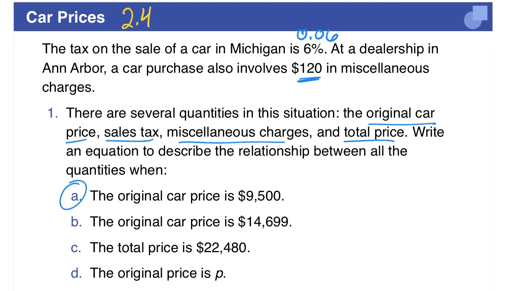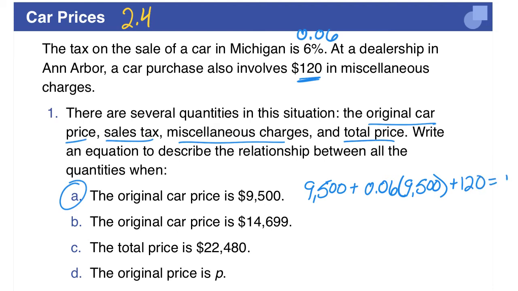So starting with A, if the original car price is $9,500, we're going to pay that. So there's our $9,500. Plus we have to pay 6% of that. Of means multiply. So we're going to pay 6% of, or times, that original price. And then we're going to pay $120 in fees.